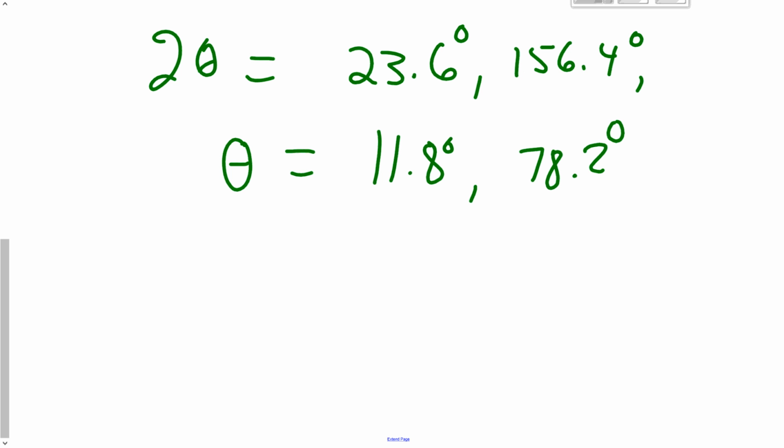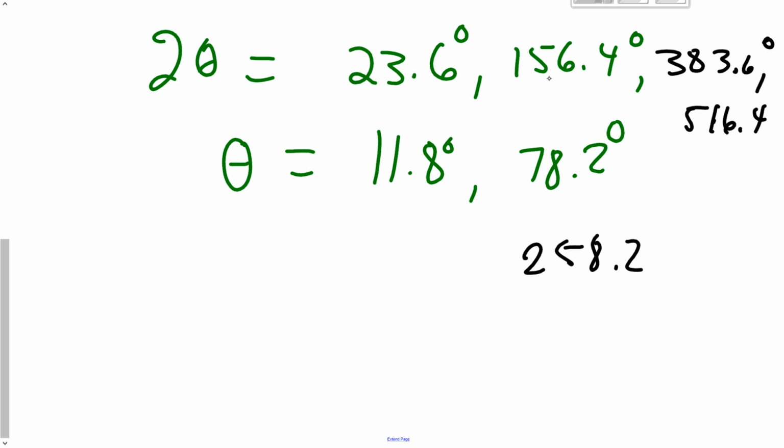And if we go ahead and add 360 to those, we get 383.6 degrees. And then our last one is taking 156.4 and adding 360, and we get 516.4, and then we can divide those all by 2. 156.4 divided by 2 is 78.2, and 23.6 is 11.8, and 383.6 divided by 2 is 191.8 degrees, and 516.4 divided by 2 is 258.2. So those are all your answers.